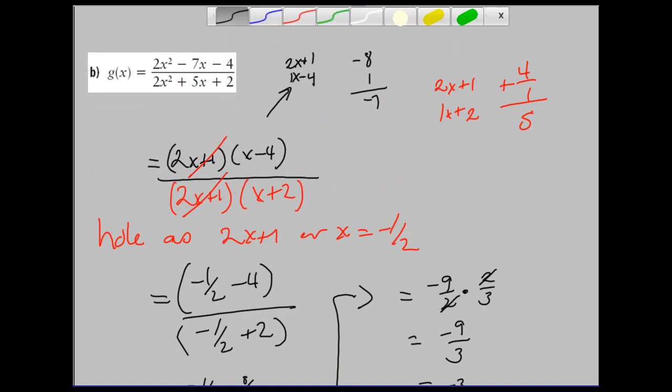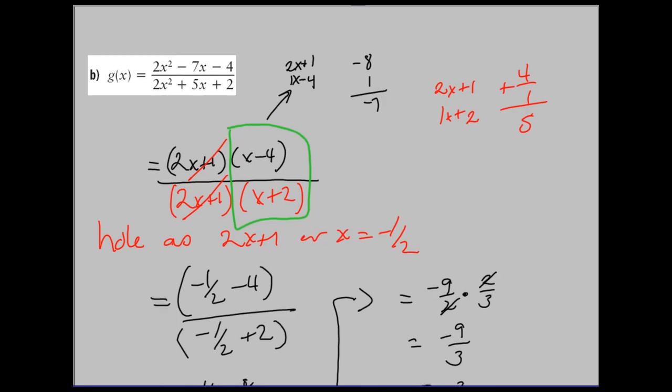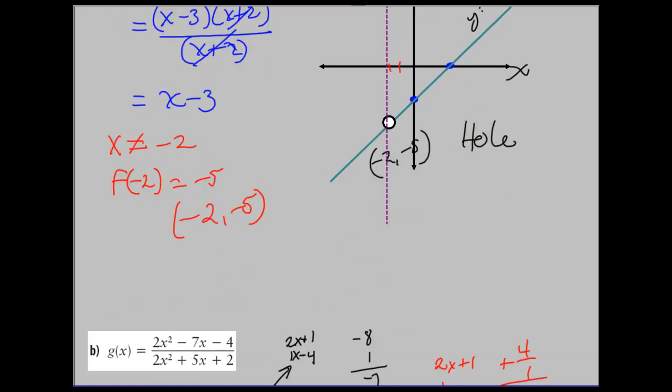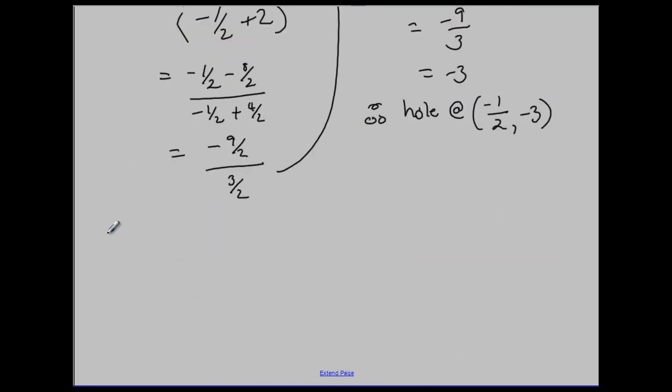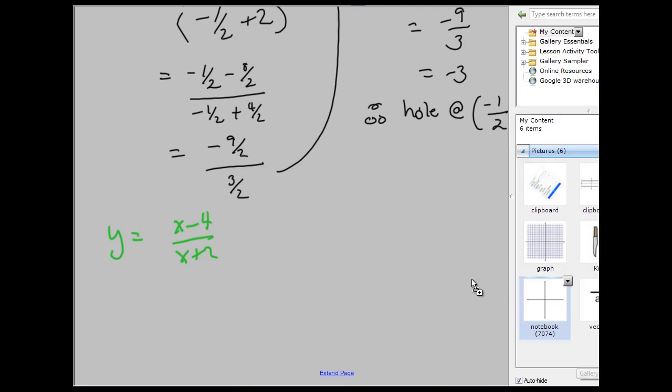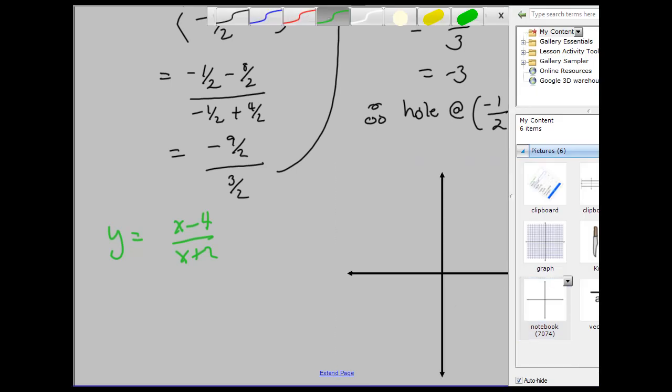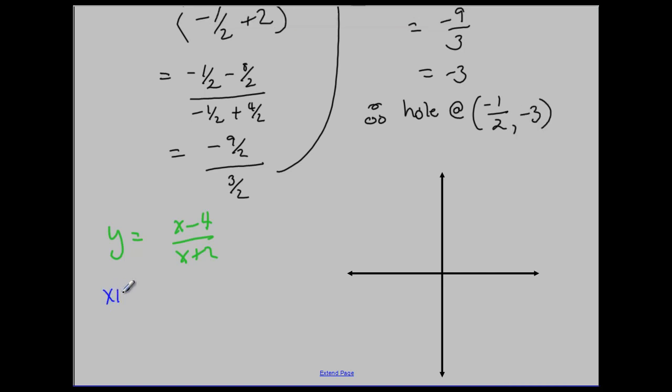So we can now take that original rational, which is right here, this is all that's left, and we can go ahead and sketch it. So the original function I'm just going to rewrite down here is y is equal to, I think it was x minus 4 over x plus 2. And if we are looking to sketch something like this, once again we repeat by taking the x-intercept, which is the numerator set to 0, so that is x is equal to 4.